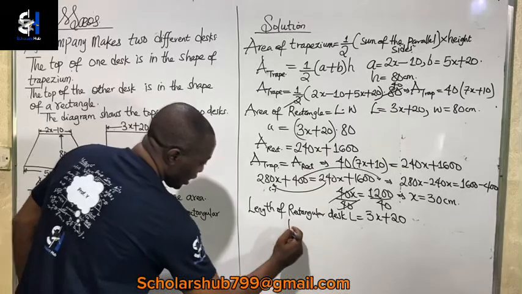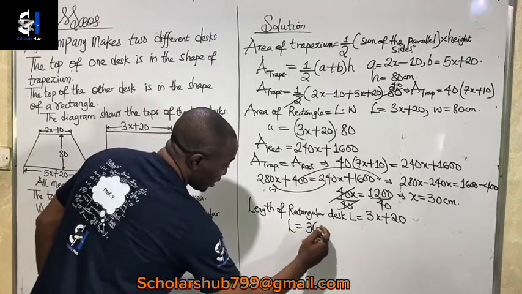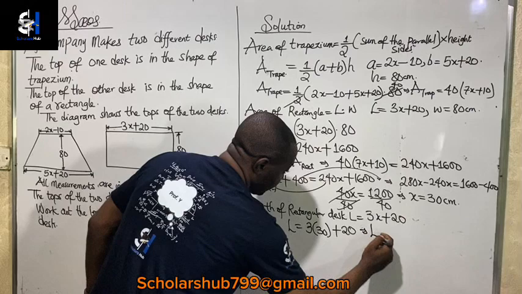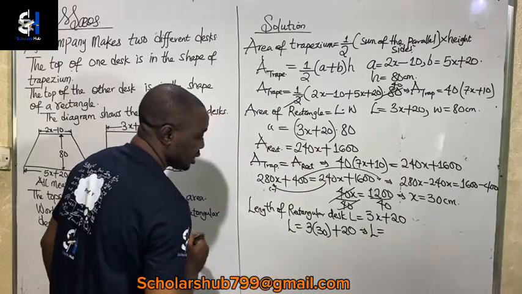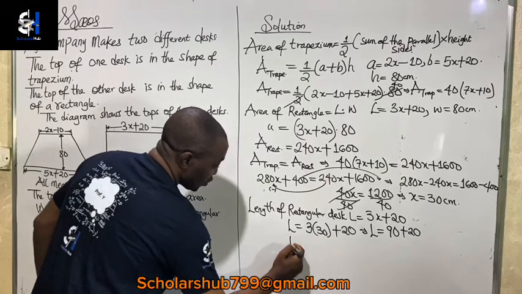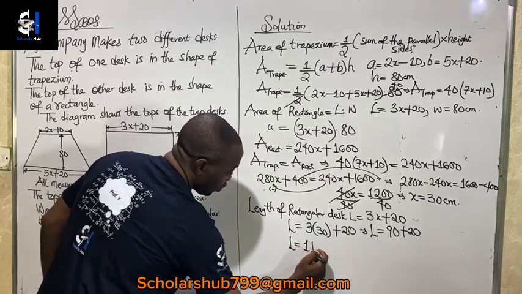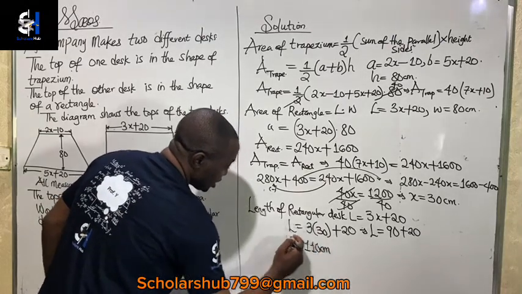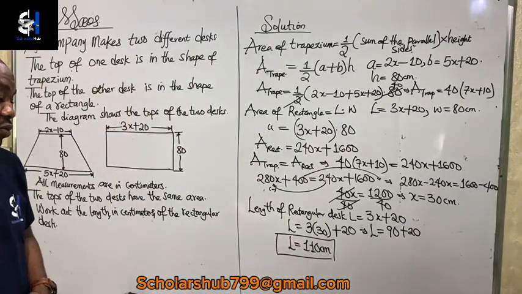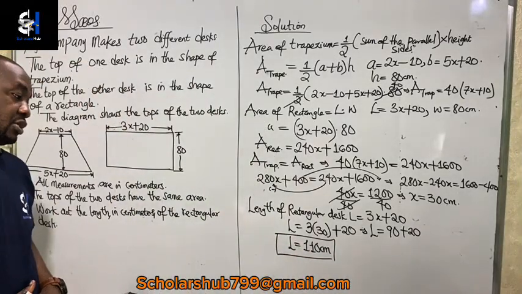L equals 3 multiplied by 30, plus 20. 3 times 30 is 90, then plus 20. So the value of L will be 110 centimeters. And this is the length of the rectangle in centimeters.